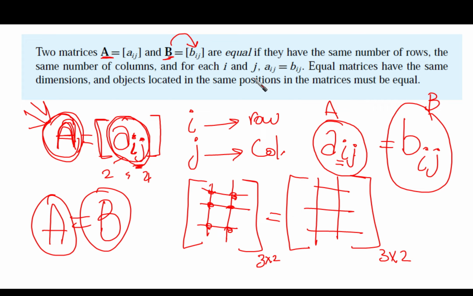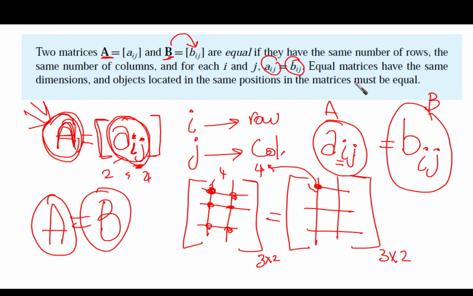So that's the meaning of the equality between two matrices, and we say that a_ij must equal b_ij. What is the meaning of this? The element itself, if it's 4, means that the corresponding element here must be 4 also. That's the meaning of equality of matrices.